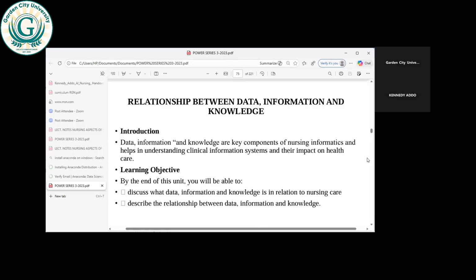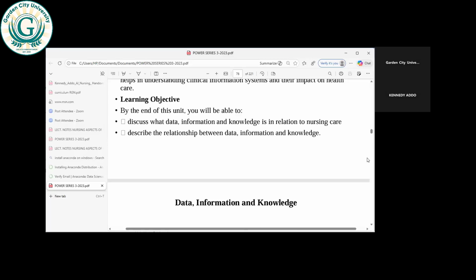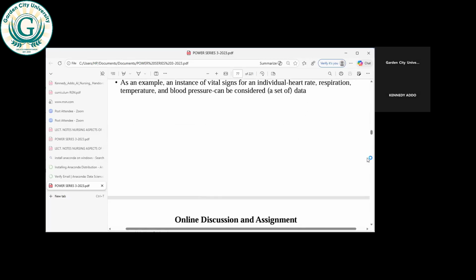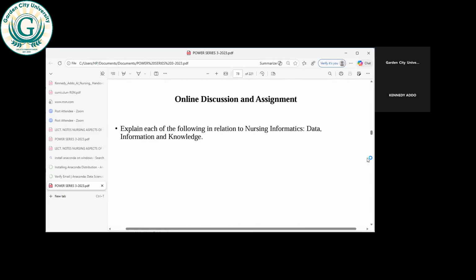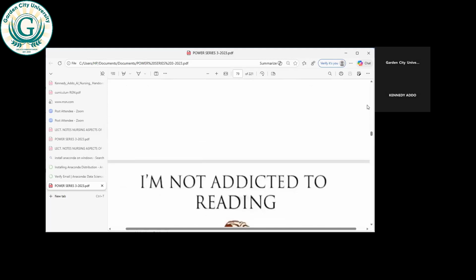Then we moved on to the relationship between data, information, and knowledge. It became quite clear that you cannot do without establishing linkage or relationship among data, information, and knowledge, which are the key pillars of nursing communication. We used quite a number of scenarios or examples to establish those linkages.